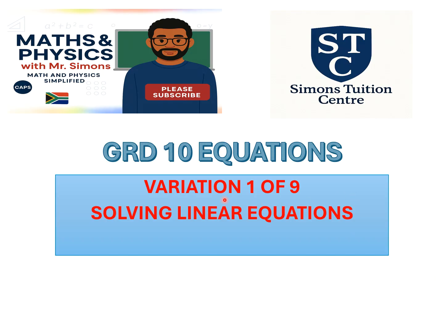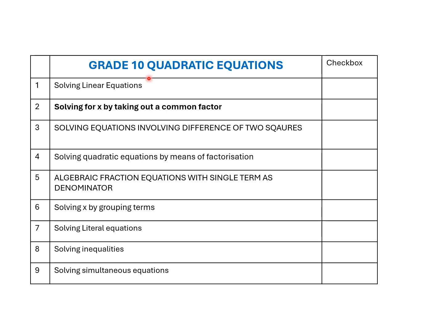Right, now you see I've said there's 9 variations. I've typed out a table for you so you can see which is these 9 variations. They're extremely important before we look at the work. Right, so grade 10 equations can be broken up into solving linear equations. Right, and if you feel you know it, you can tick off the checkbox if it's done.